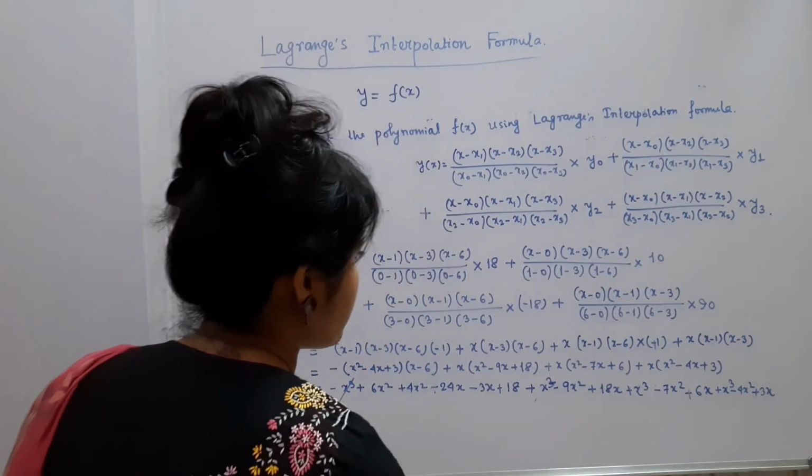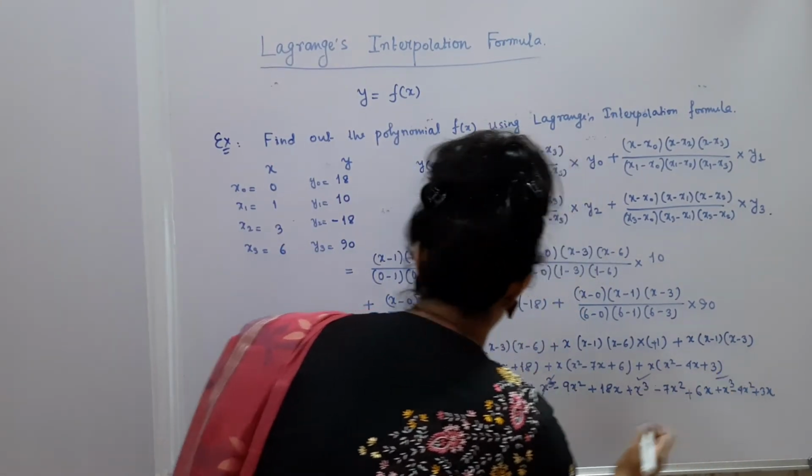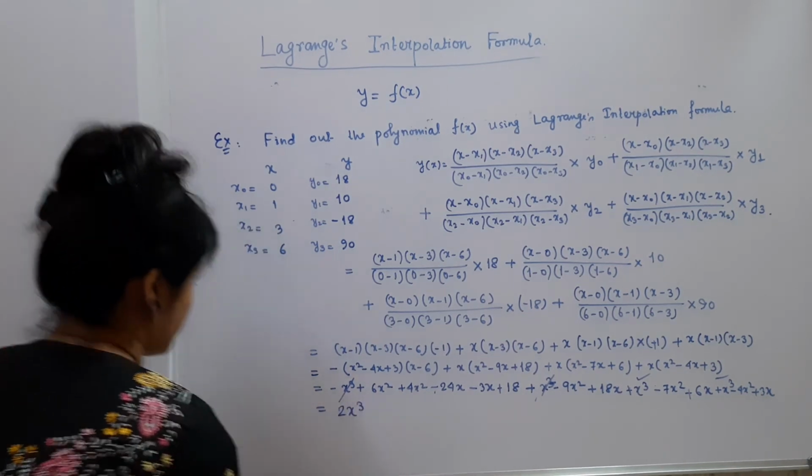Now minus x cube and plus x cube will be cancelled out, therefore x cube is 2x cube.